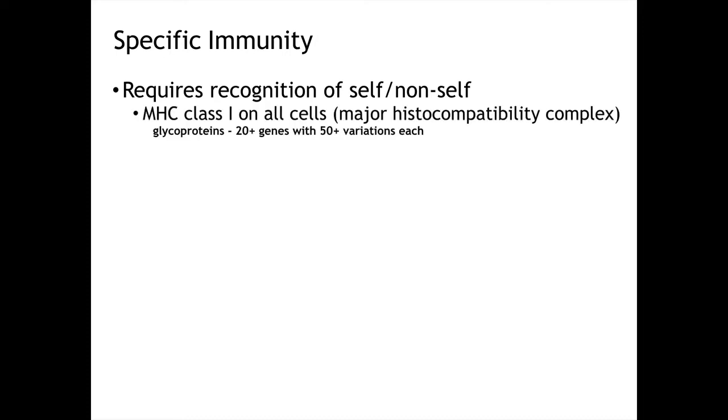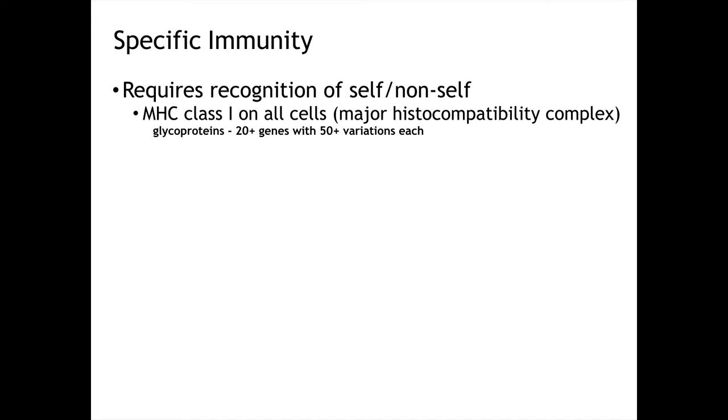When we're faced with having to defend ourselves against all sorts of foreign invaders, this really works nicely, right? This is a strategy where we can develop specific antibodies against all possible antigens. And then we have this T cell situation where it's not mediated by antibodies, but it's still antigen specific.